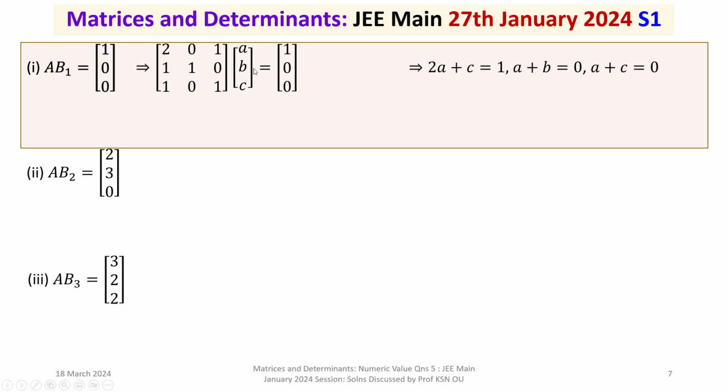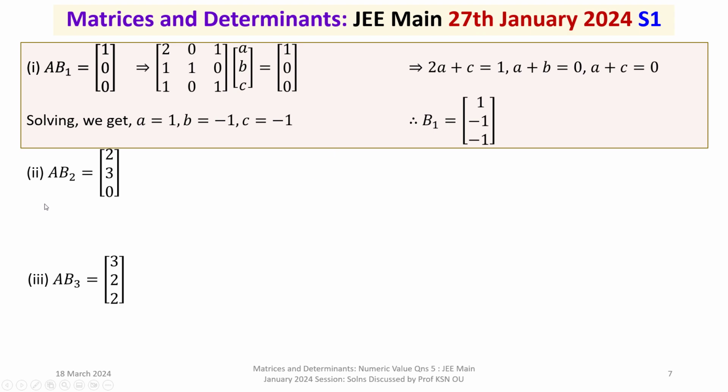So 2a plus c is 1, a plus b is 0, a plus c is 0. It's very easy. a is equal to minus c, a is equal to minus b, and 2a plus c is equal to 1. Solving, we get a is equal to 1, b is equal to minus 1, c is equal to minus 1. Therefore the column vector B1 is 1, minus 1, minus 1.